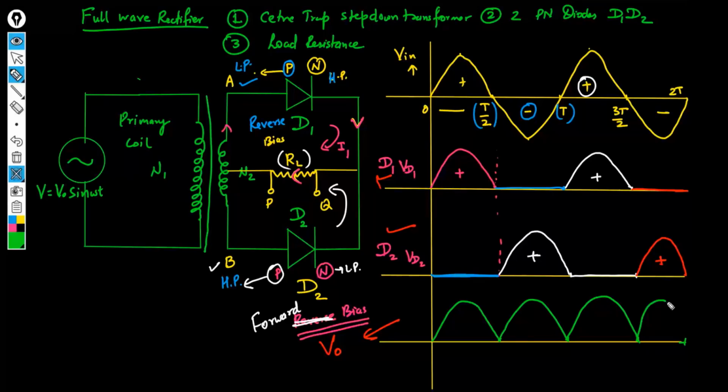The first one is because of D1, the third one is again because of D1, the second one is because of D2, and the fourth one is because of D2. So finally we have an output voltage which is not purely DC nor purely AC. It is a combination of AC and DC because negative voltage is not there.